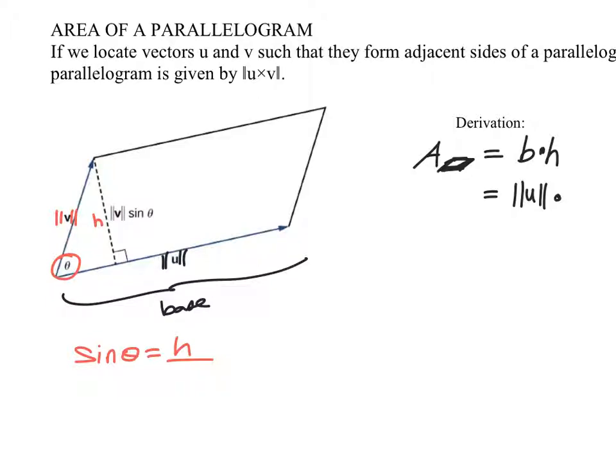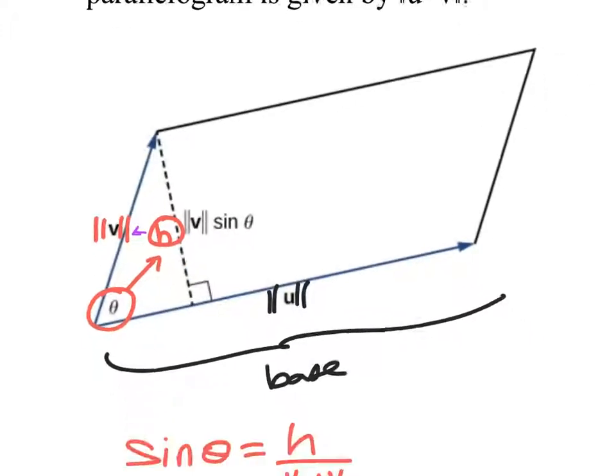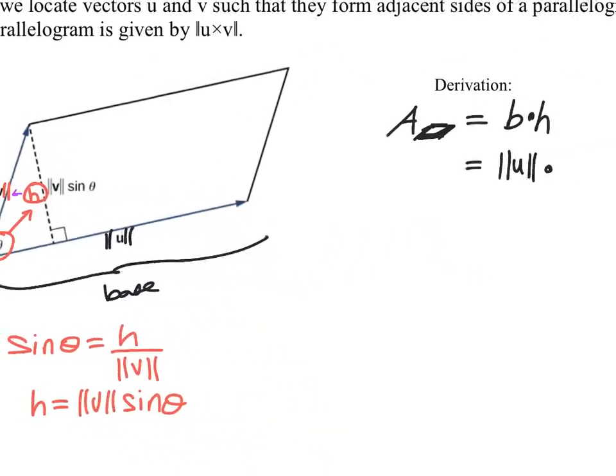So hypotenuse would be the magnitude of v. Now if I solve this for h, I get the magnitude of v times the sine of theta. All right, so opposite over hypotenuse. All right, so let me turn this off. And so that's where the v sine theta is coming from.